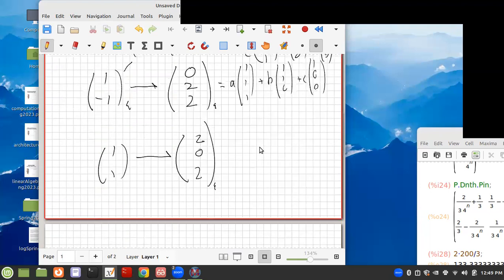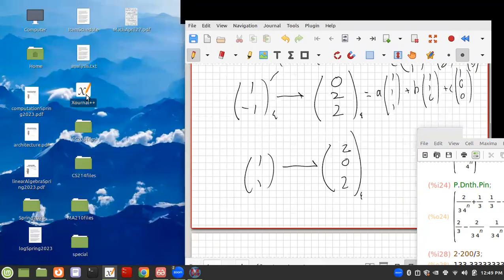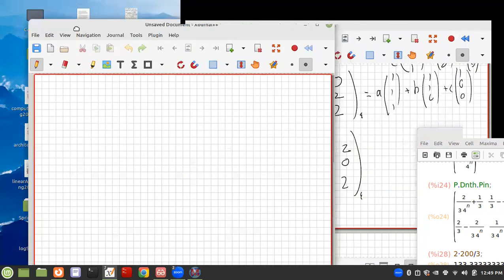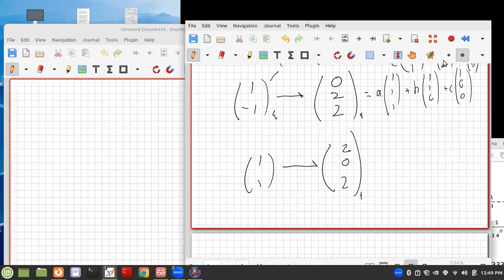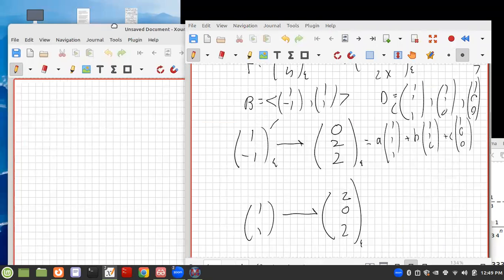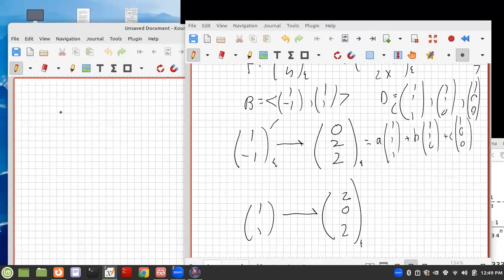So we have this linear system to solve here. It's basically the vector form of a linear system whose augmented matrix is 1, 1, 1, 1, 1, 0, 1, 0, 0, 0, 2, 2.